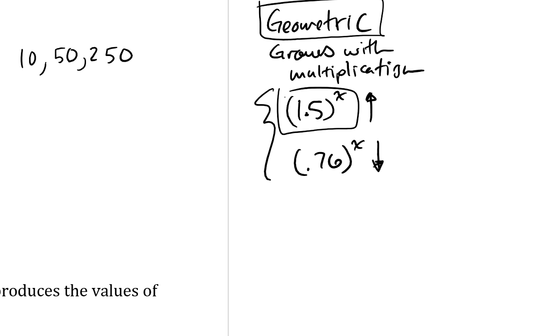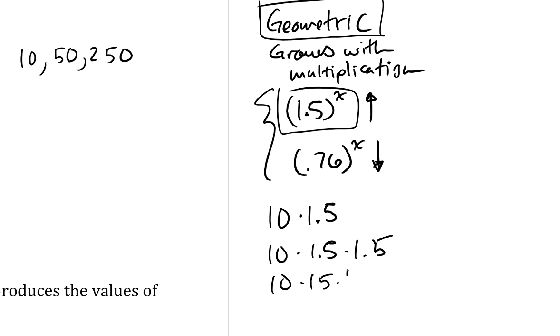This notation tells me how many times I'm multiplying by 1.5. So for example, if I start with the number 10 and I multiply by a 1.5 just once, that's what happens when x is 1. But if x is 2, I multiply by 1.5 and another 1.5. If x is 3, I multiply by 1.5 three times.